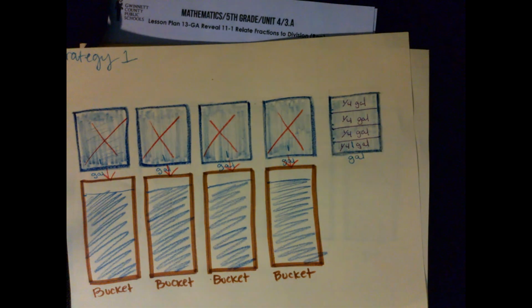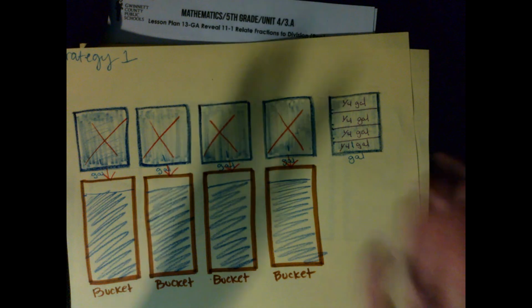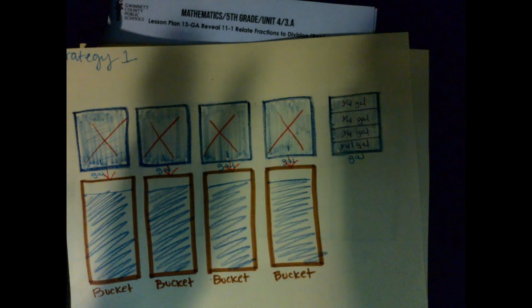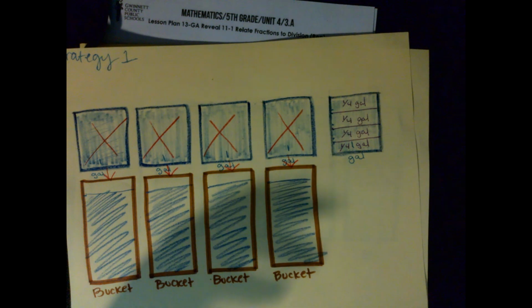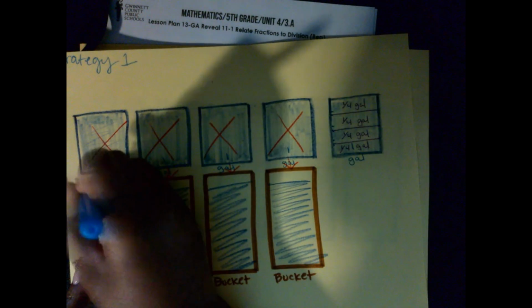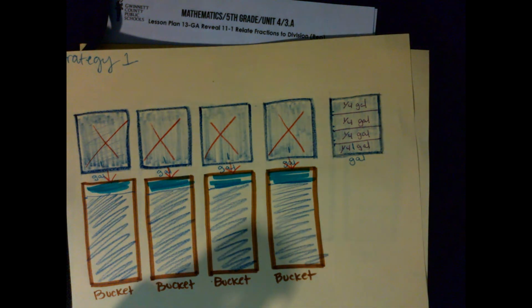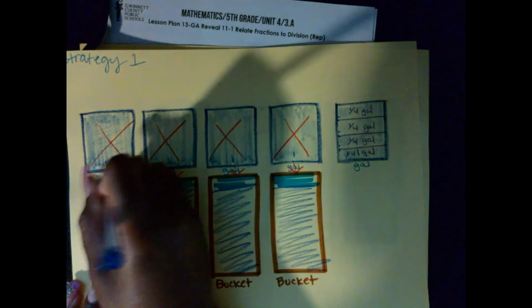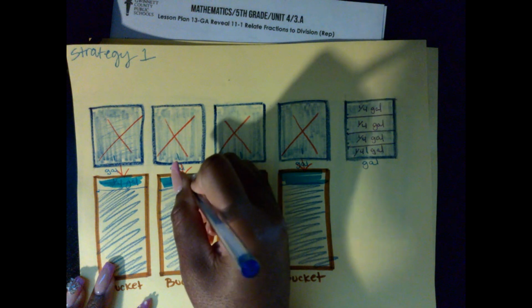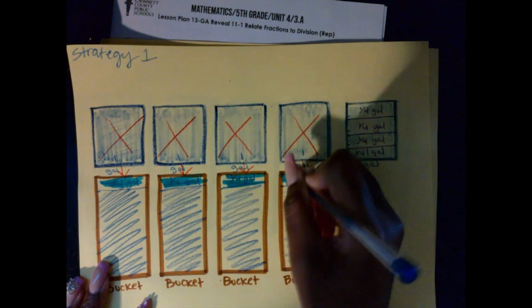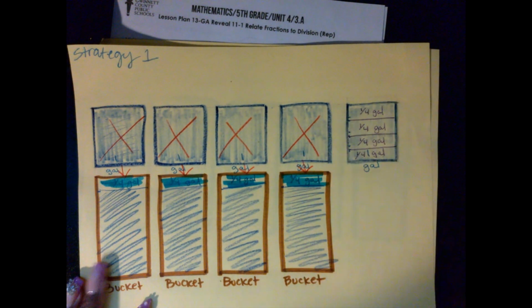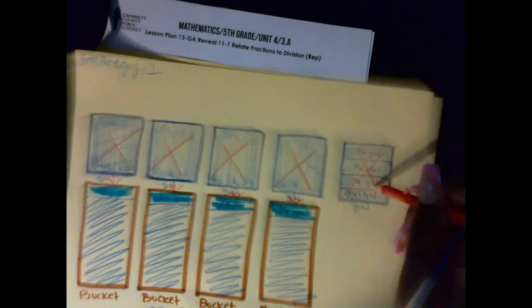I'm going to pour 1/4 of a gallon into each bucket. You get 1/4 of a gallon. You get 1/4 of a gallon. 1/4 of a gallon. 1/4 of a gallon. And that gets rid of this last gallon.